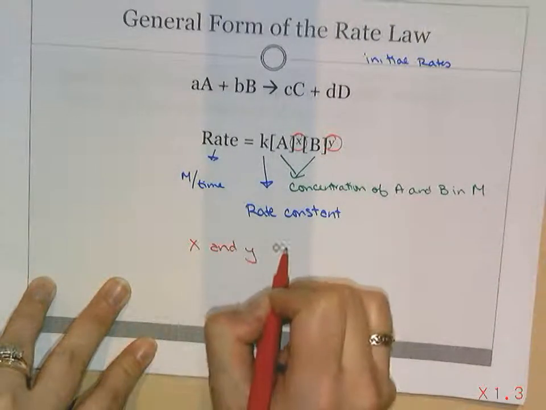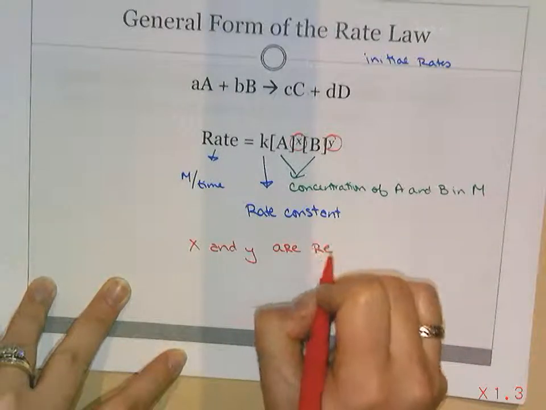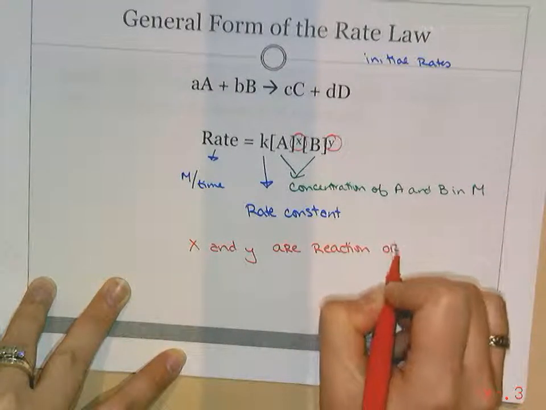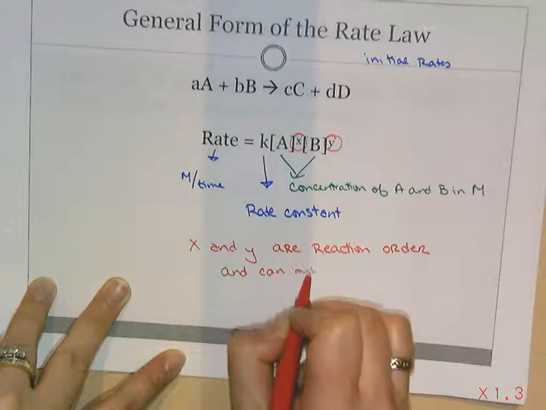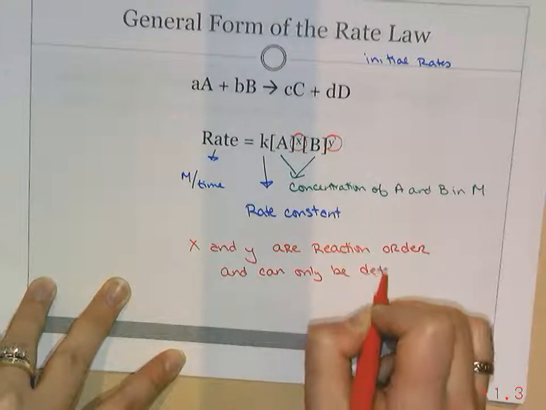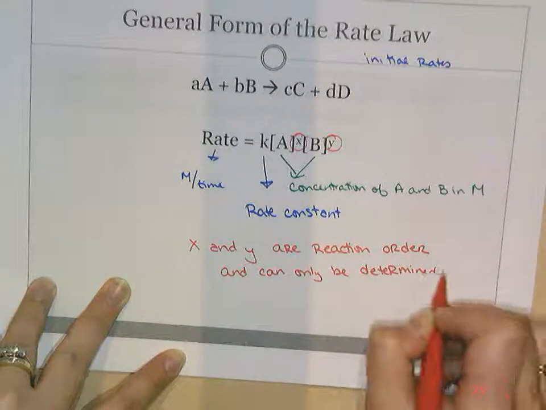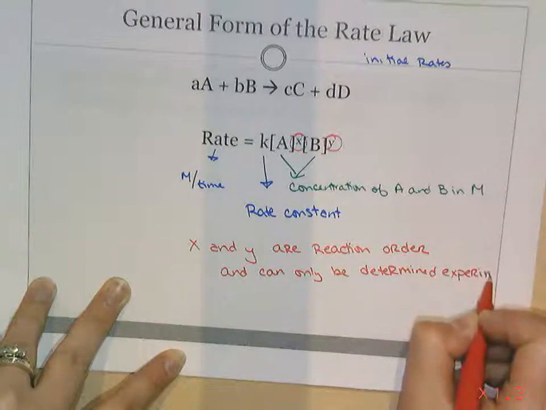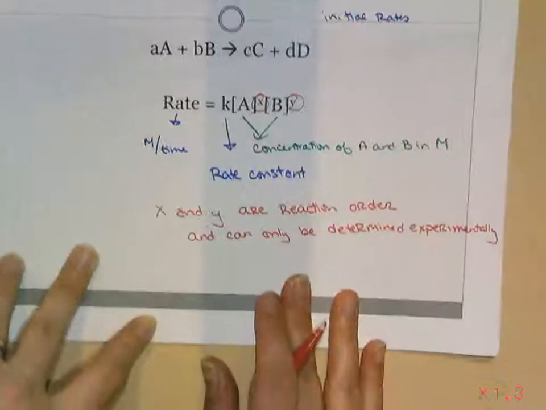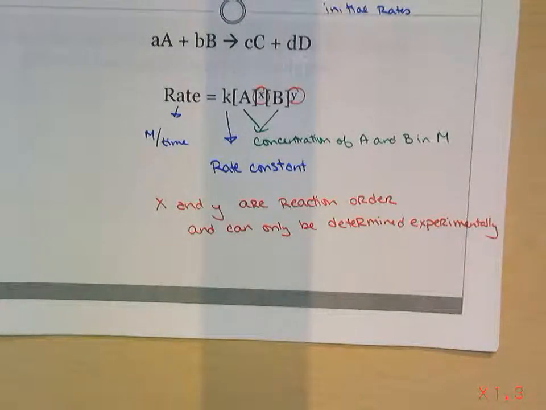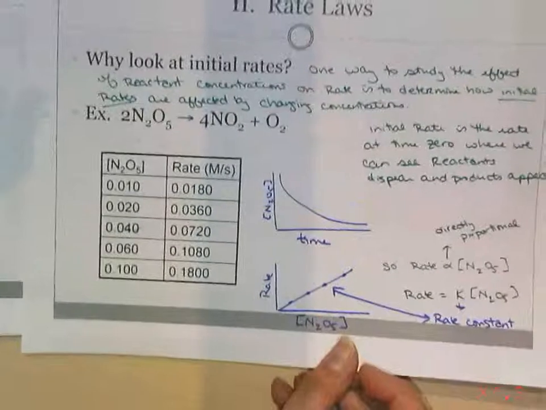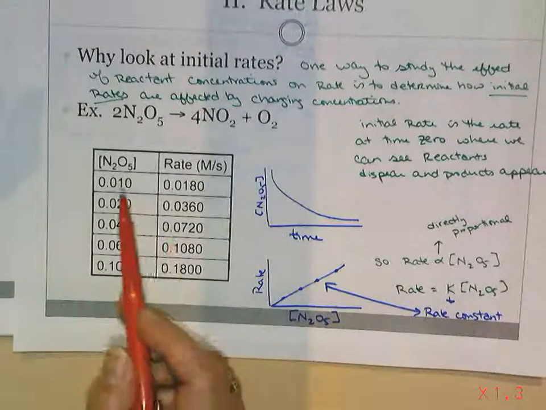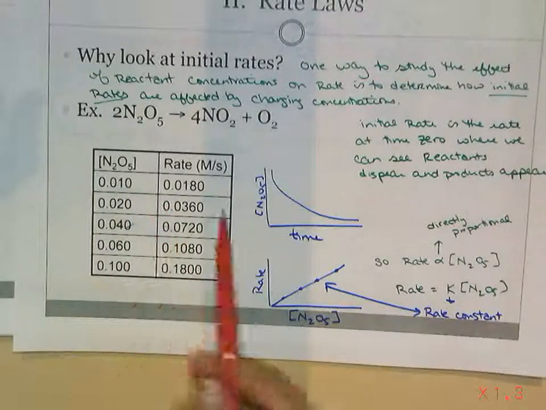And they have the name reaction order. And they can only be determined experimentally. So, in this, actually, let me go back one. In this reaction, I have my experimental data. And when I doubled this, the rate doubled.